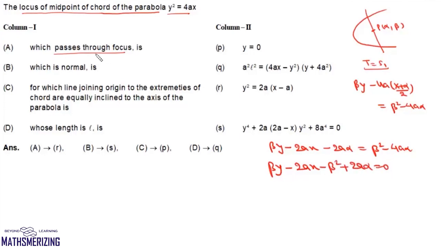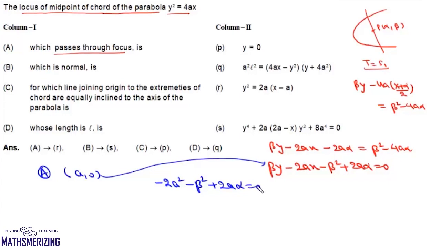Now the first question is, it passes through the focus. So if it passes through the focus, that means it will pass through (a, 0). So we'll put x as a and y as 0. So it'll be minus 2a square minus beta square plus 2a alpha equals 0.